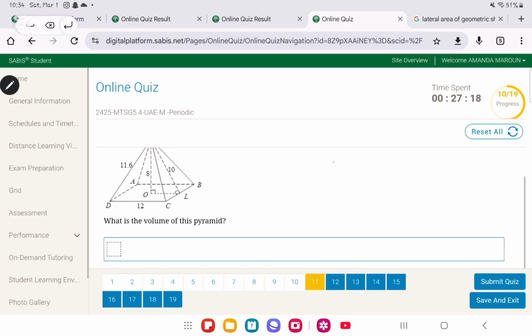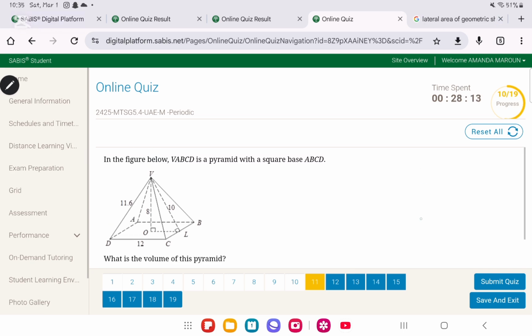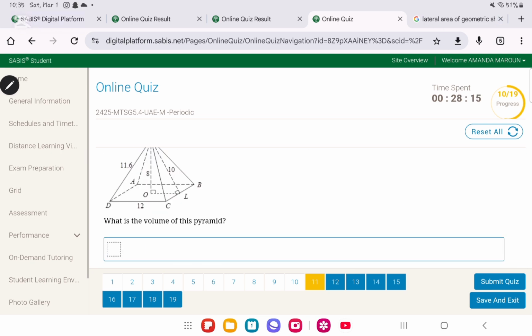Here they are looking for the volume of the pyramid. Okay, again, so to find the volume of this pyramid, all right, actually it's not the same as question number 10. Sorry, I was mistaken. The volume of any pyramid is 1/3 times the area of the base, denoted by B, times the height.